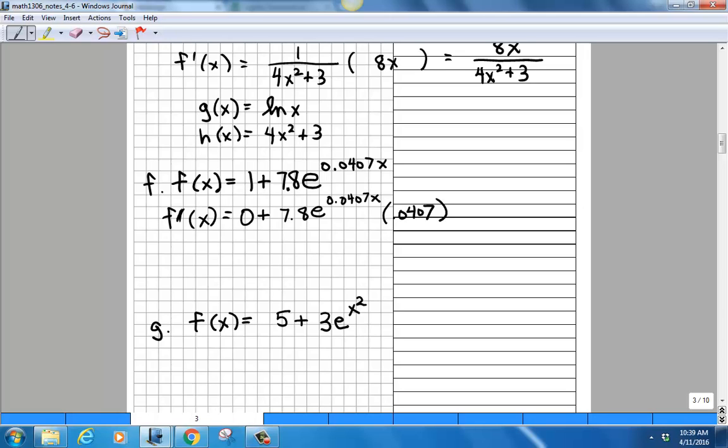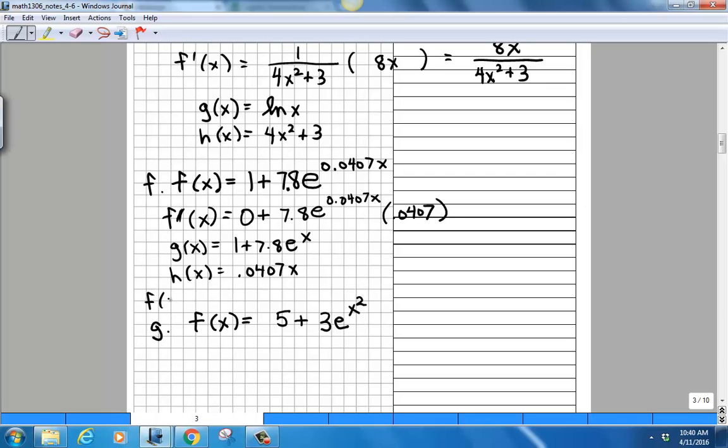What would be the g of x and the h of x in this example? That's a good question. In this example, the g of x would be 1 plus 7.8 e to the x, and then the h of x would be the 0.0407x. So you would think of the h of x as being the exponent here, and then the g would be the rest of the formula. Let me show you why that's true.